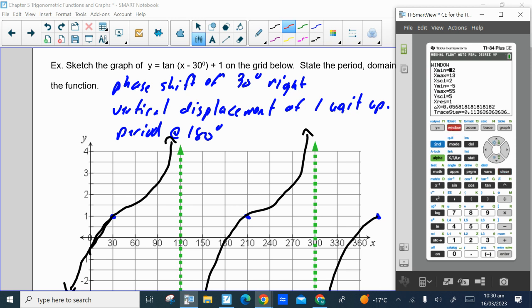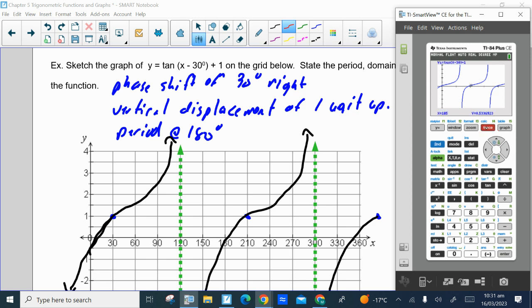My windows have to be in terms of degrees, so if we go from negative 30 up to, let's say, 400 degrees, a scale of 90 degrees, I'll go from negative 10 to positive 10 on the y-axis and a scale of 2. So we're doing this so we can find out where our first x-intercept is.